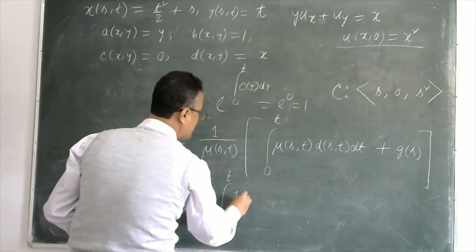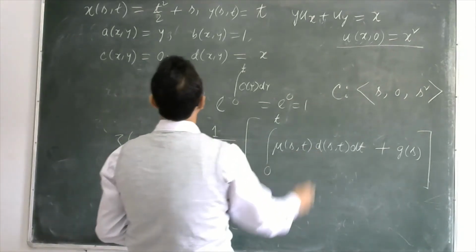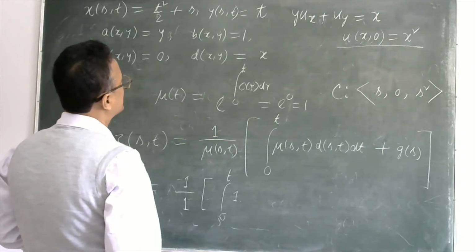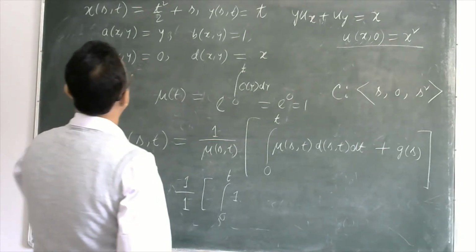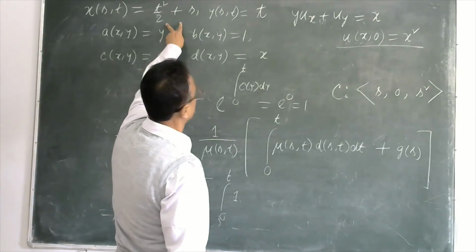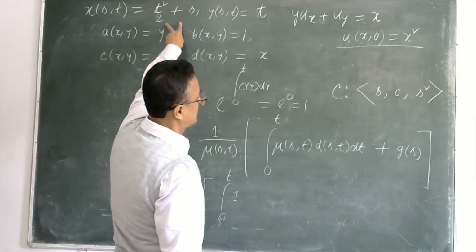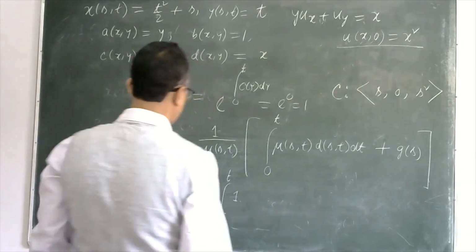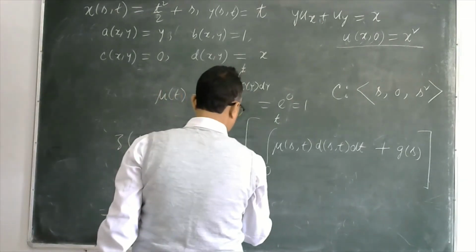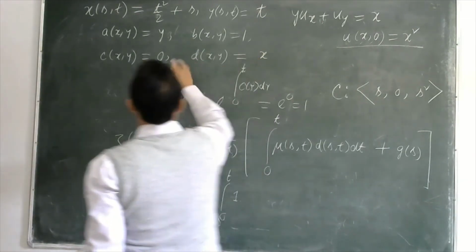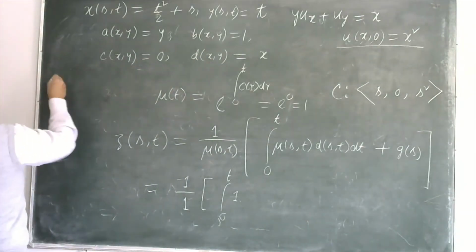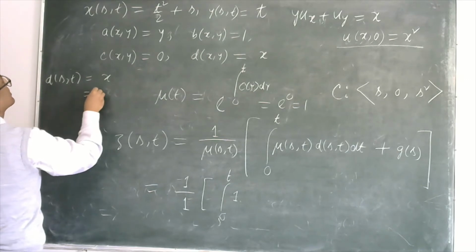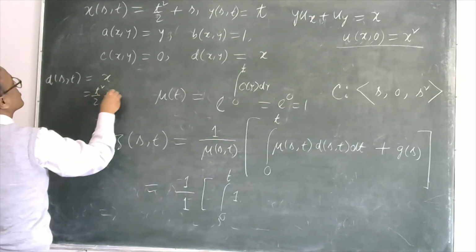And d(s,t) was what? d(s,t), x is simply this, isn't it? d(s,t) will be that one. So from here I can write d(s,t) is equal to x, this is equal to t squared by 2 plus s.